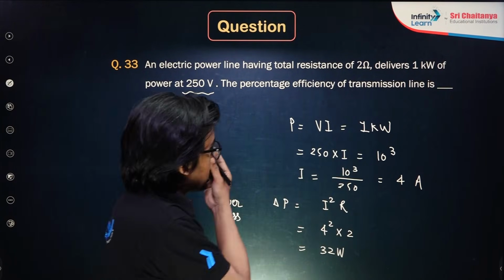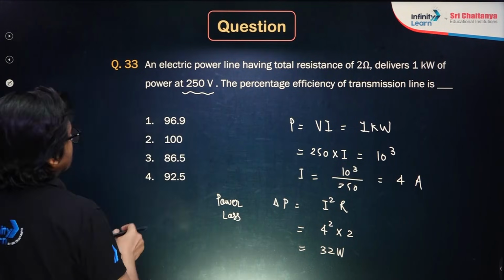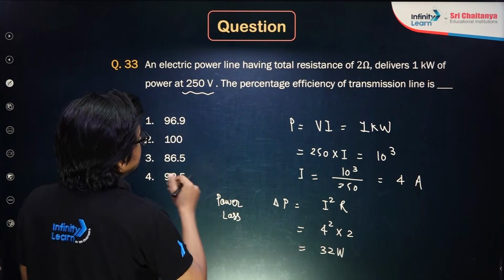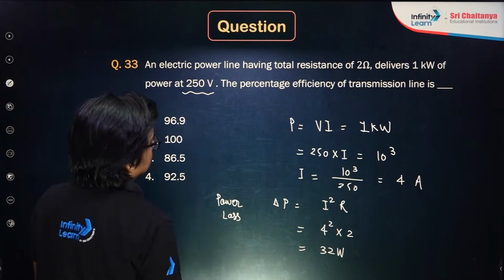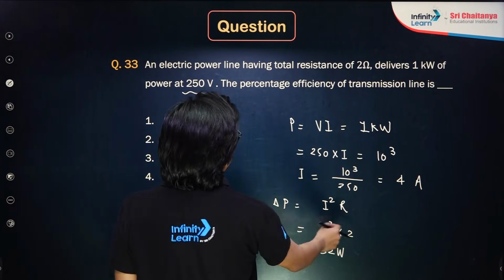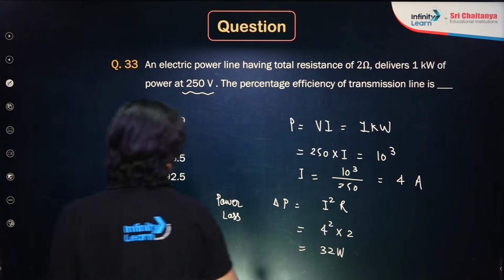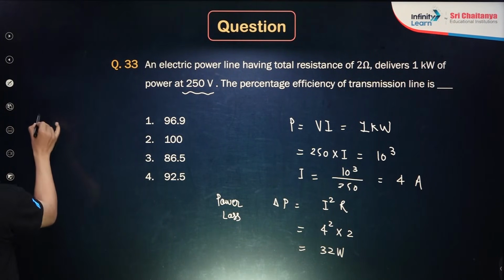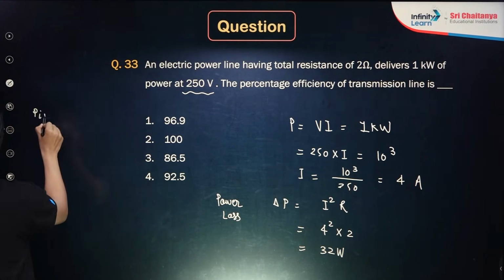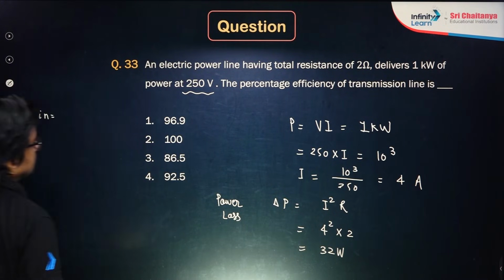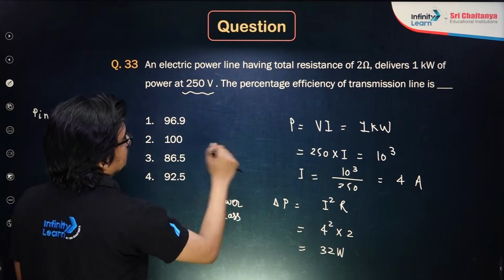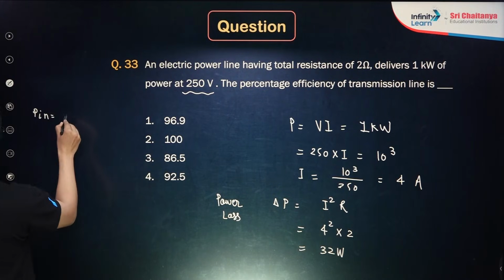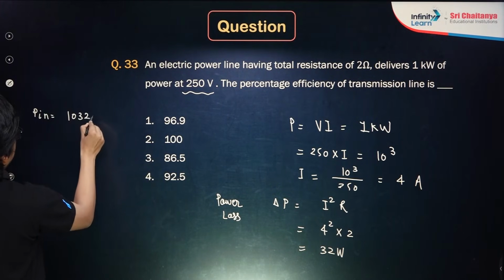Now we want to write the percentage efficiency. The power wasted is 32 watt. So how much is the efficiency? What is the input power? Input power is equal to 32 plus 1000, which is 1032 watt.